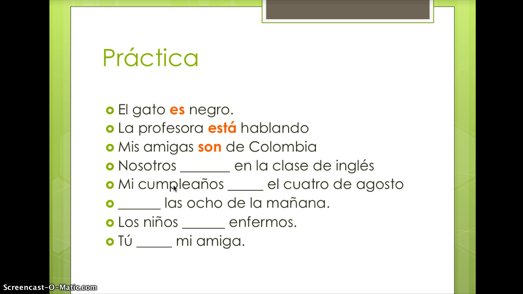Nosotros, blank en la clase de inglés. Right after the blank, I've got my en, which tells me the location. That's what I'm doing there. So it's going to be estar. Since nosotros is the subject and nosotros is the pronoun in the top right box, it's going to be estamos.